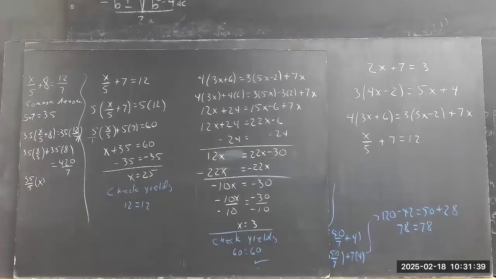35 over 5 times x. Does that make sense?